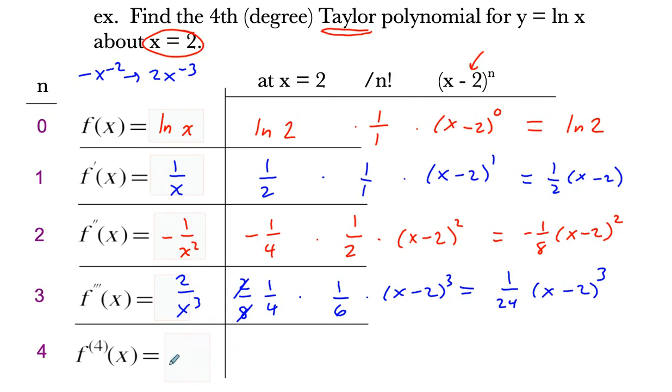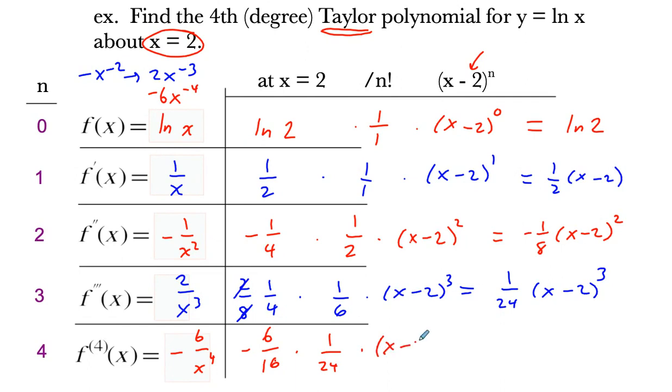And finally, the fourth derivative, well, now we need the derivative of 2x to the minus 3. We can come back up here. That's negative 6x to the minus 4. So that's a negative 6 over x to the fourth. Evaluating this at x equals 2, negative 6 over 2 to the fourth is 16. 1 divided by 4 factorial, well, that's 6 times 4 is 24.